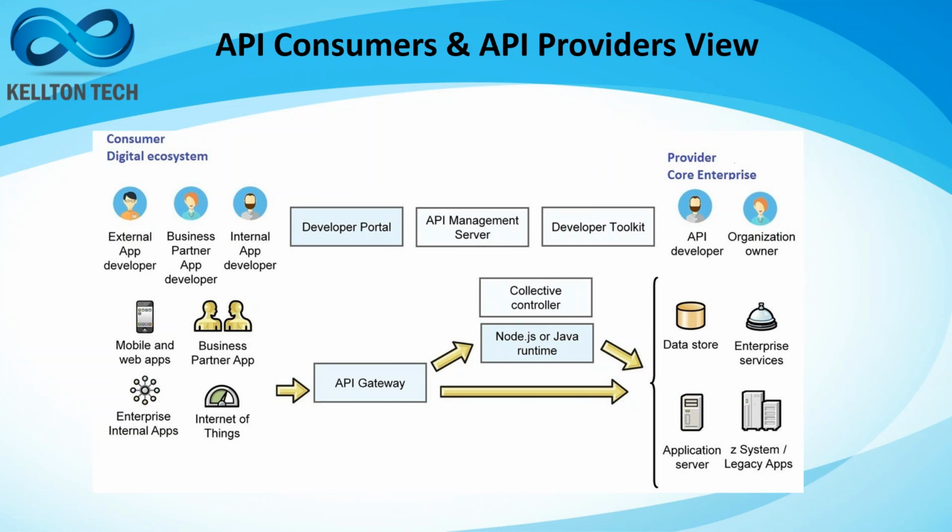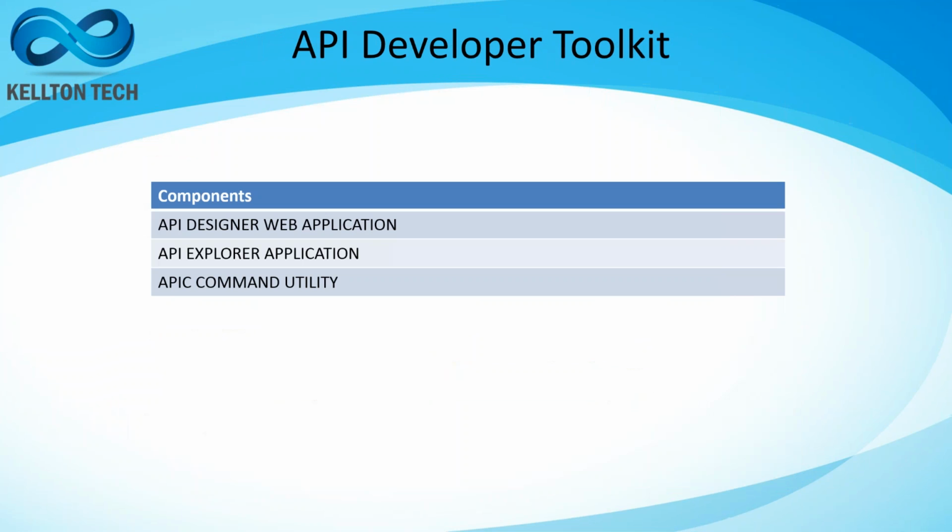So what does the API Developer Toolkit have? It has an API Designer web application, API Explorer application, and API-C command utility. The API Designer web application facilitates design, configuration, and testing of the app. The API Explorer is a view in the API Designer web app, and it is the one that would allow you to test your REST APIs that are on your API gateway.